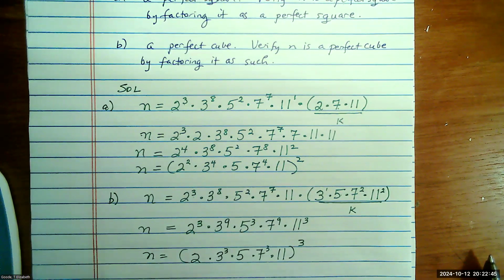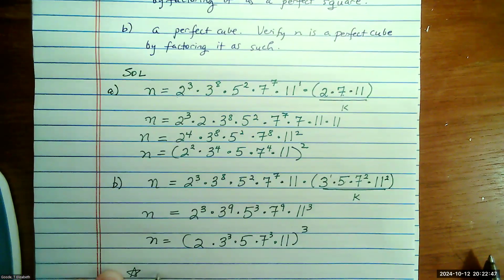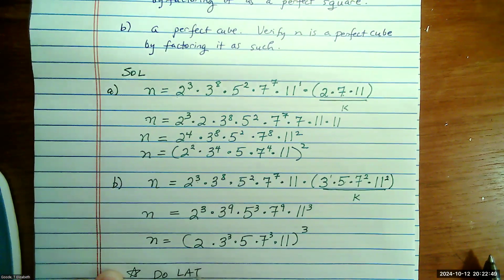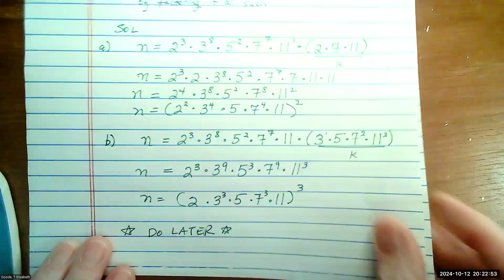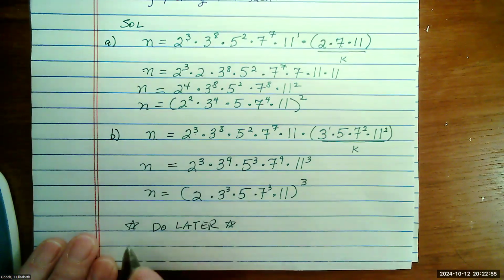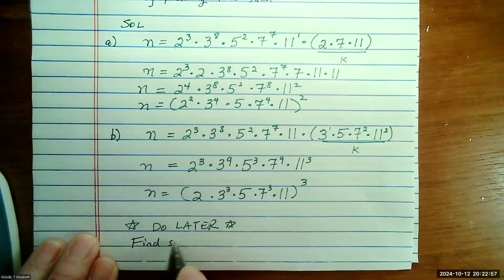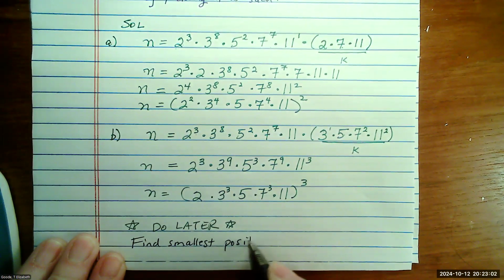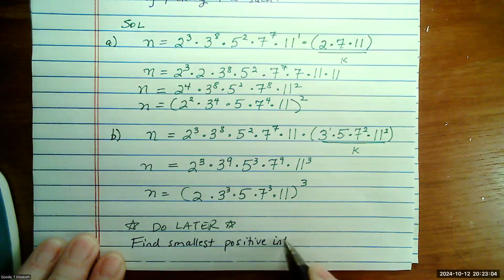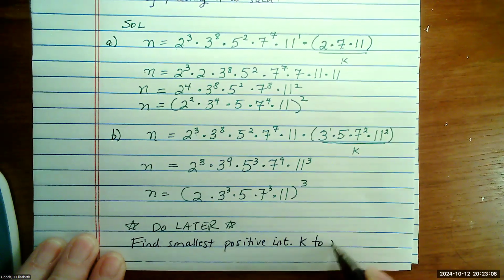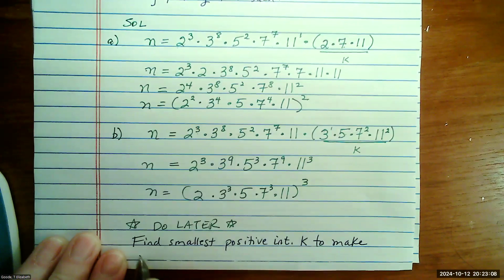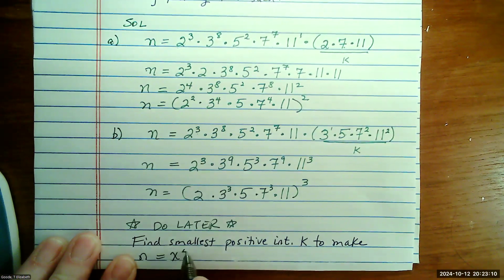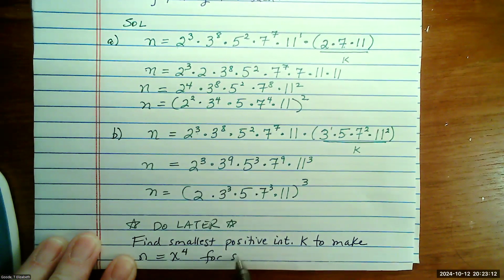So you can do later one more on your own time. Find the smallest positive k, of course, it's an integer, to make n equal to x to the 4th for some integer x.